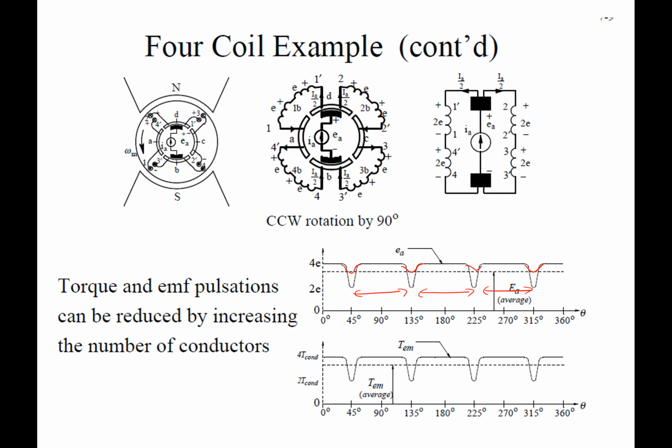So what I end up with here is more areas of discontinuity, but each discontinuity creating a smaller disturbance. So both the torque and the EMF pulsations are reduced by increasing the number of commutator segments. Sorry, this should be commutator segments.